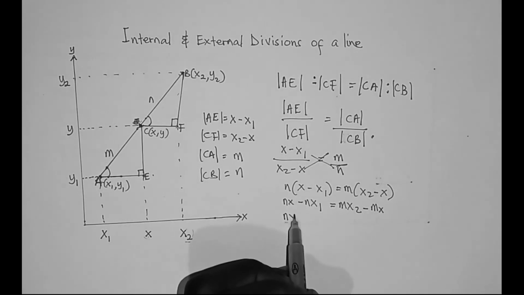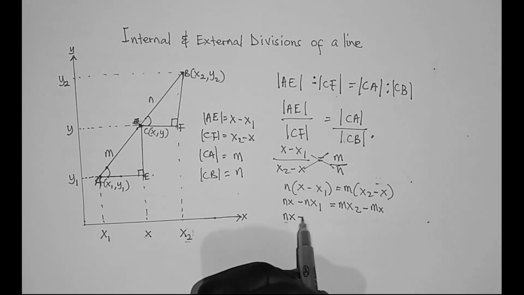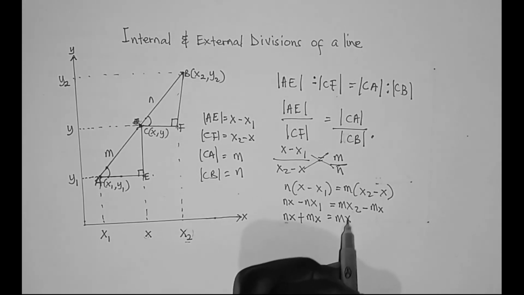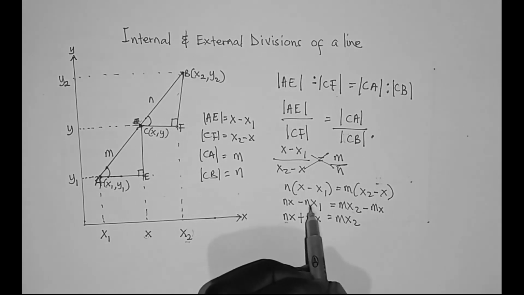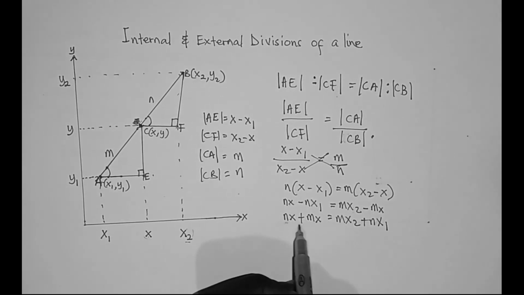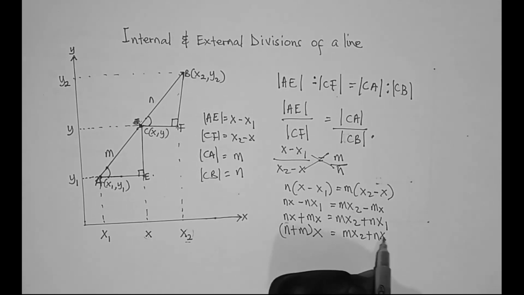We have nx, then I'm taking mx to the left hand side. So minus mx becomes plus mx, equals this, which is mx2, and I'm taking this term to the right hand side. So minus nx1 becomes plus nx1. So I want to factorize x out of these two terms. So it becomes n plus m in one bracket times x equals mx2 plus nx1.